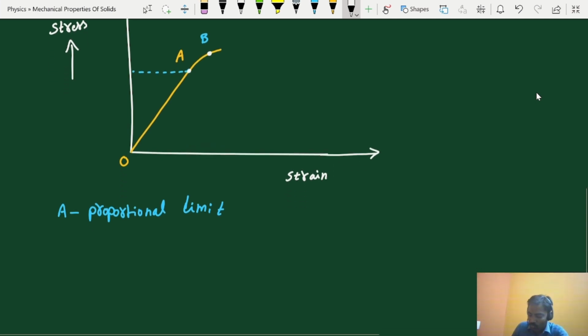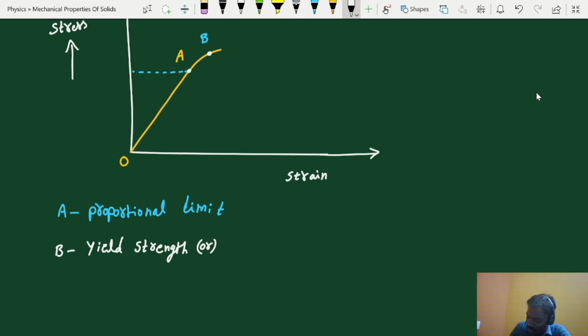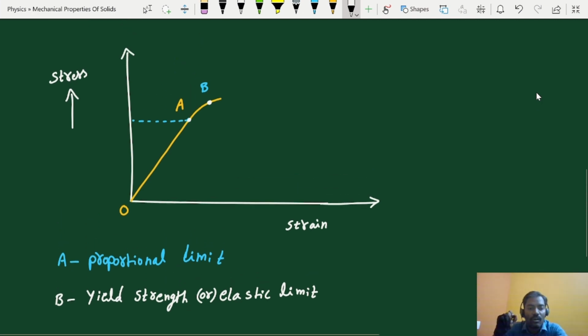So we can say point B is the yield strength, or you can also say it is the elastic limit, a limit to the elastic behavior of the material body.